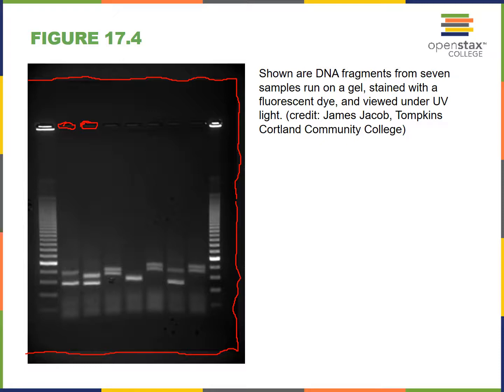So in order to make one of these gels, let's say I want to make a 1% gel. I'd weigh out 1 gram, add it to 100 milliliters of tris buffer, and I would microwave it. And as soon as the agarose was completely dissolved, I would let the sample cool down and pour it into my mold.